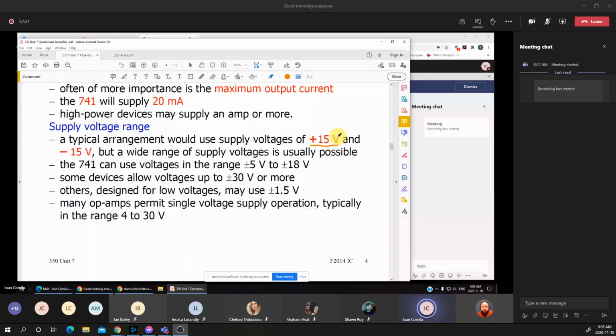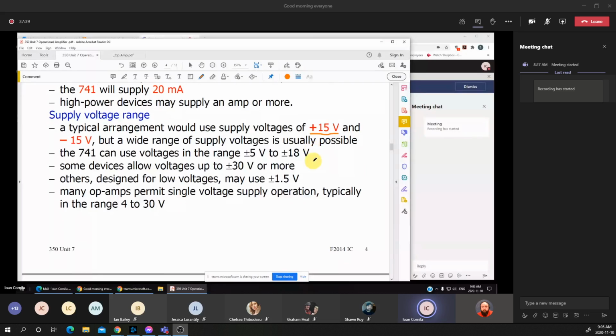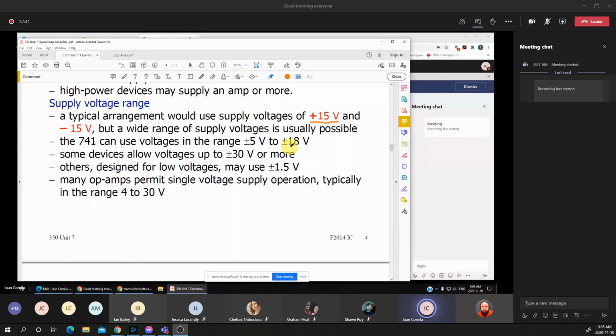It means the op amp will work just fine if I'm supplying just 10 volts, or it works the same if the voltage is 12 volts. Some other circuits, which are still op amps, can handle a larger voltage than plus or minus 18 volts.